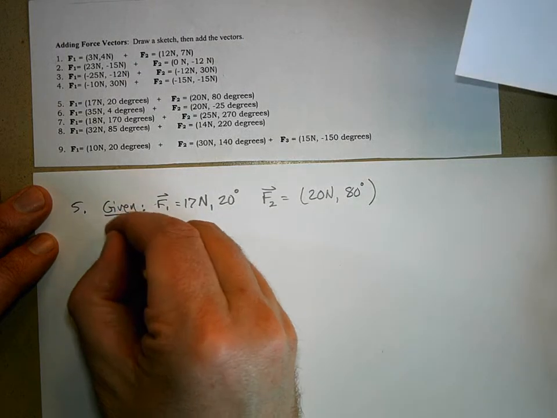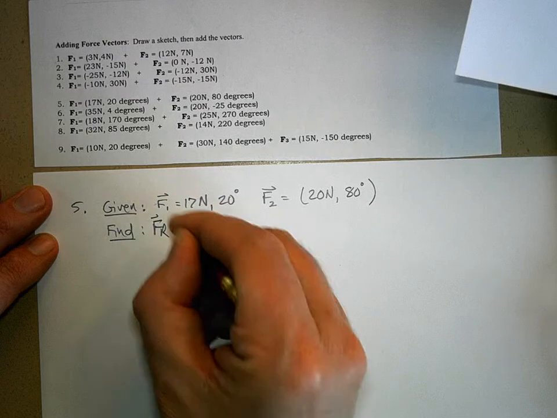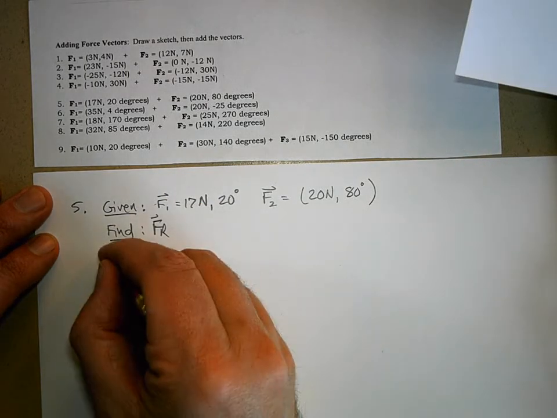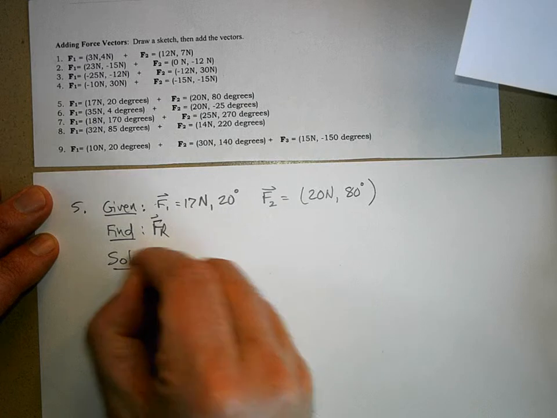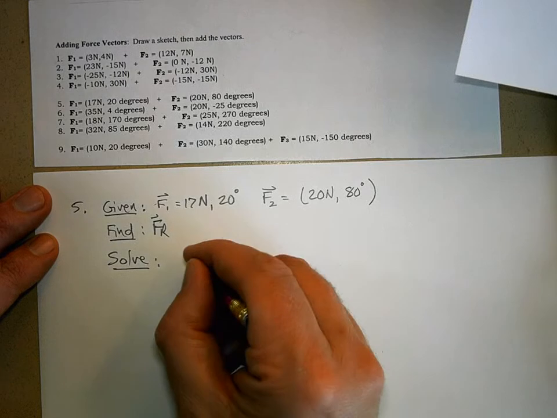And what are we trying to find? F sub R, the resultant vector, and I want the answer in polar coordinates. So I know that FR is just the sum of F1 and F2.